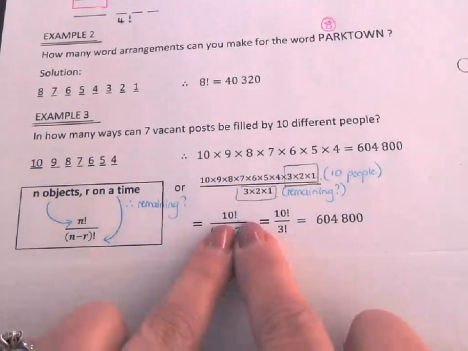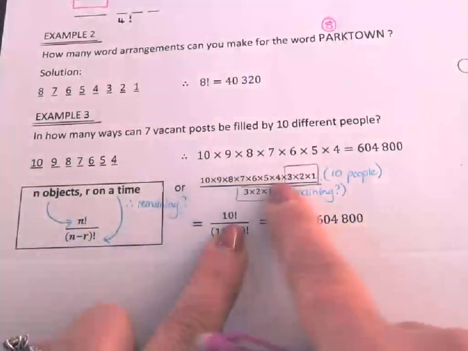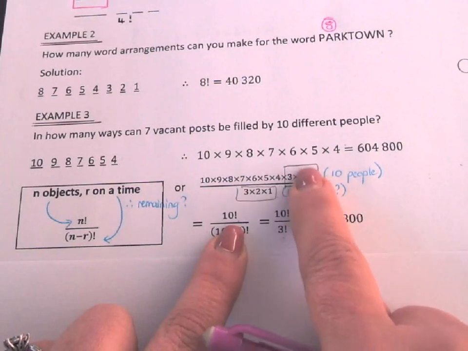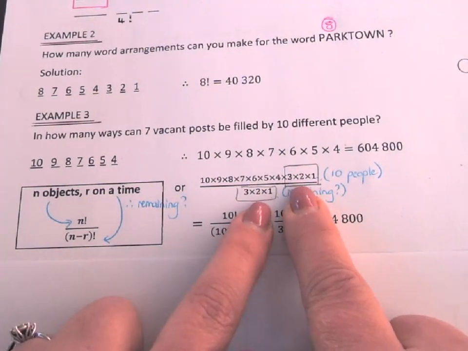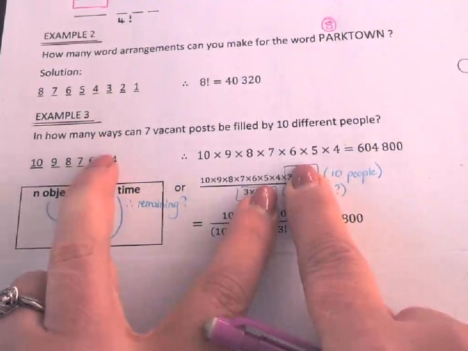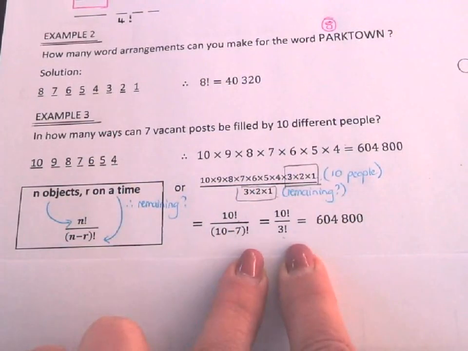You assume it's 10 factorial, it goes down till 1, but it doesn't really. We have to get rid of that. 3 times 2 times 1, that's 3 factorial. So we divide with the 3 factorial to cancel it out so that it represents what we really need. Are you all with me?